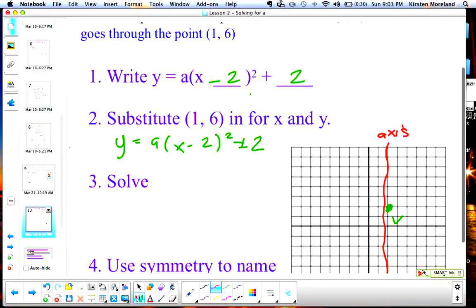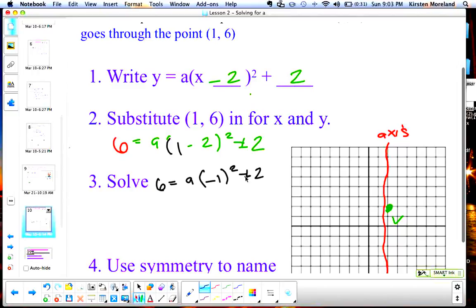All right, so next step, take the point they give me, which is 1, 6, and replace y with 6, and replace x with 1. So now I just solve. So I get 6 equals a. 1 minus 2 is -1.